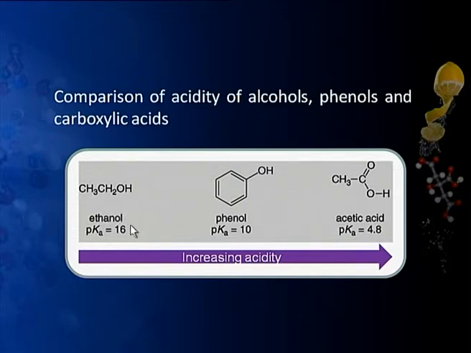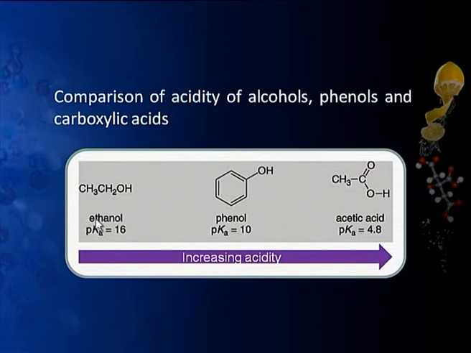Phenols are a little stronger acids than alcohols, and they are able to react with metals as well as with stronger bases like NaOH or KOH, but they are not strong enough to react with weaker bases like sodium carbonate or sodium bicarbonate. Whereas carboxylic acids react with all of these compounds, that is sodium carbonate, bicarbonate, and even ammonia, that we have discussed before.